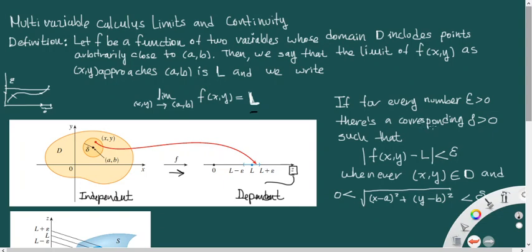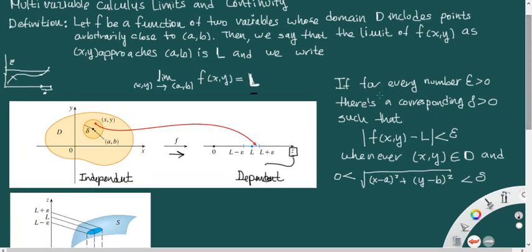Okay, and if for every number epsilon greater than 0, which is this value here, it means that it is some positive value to the right and to the left of L. So this is a kind of neighborhood.